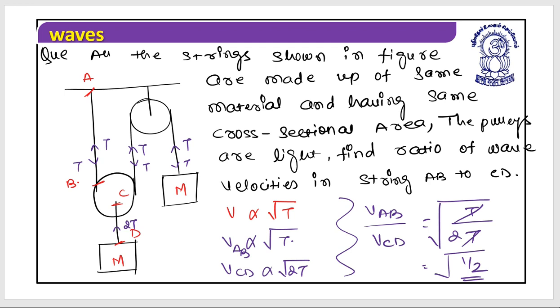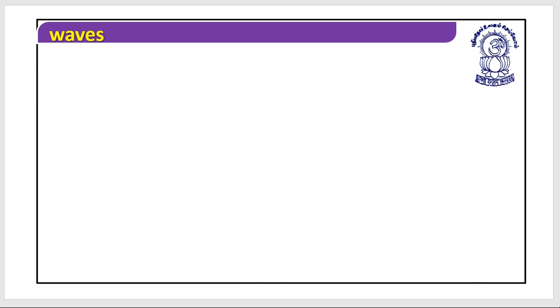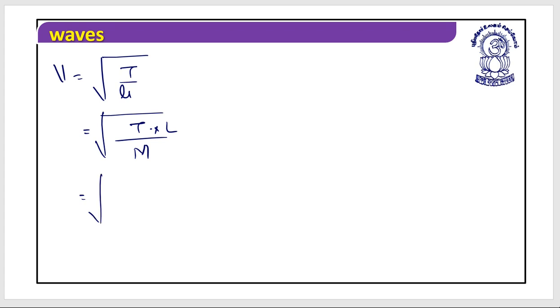Do you have any doubts? Is there anything? Are you sure? Great. Now let's discuss a different variation with this velocity. We are having this V is equals to root of T by mu. Mu is the mass per unit length, it's a M by L. So this could be varied as T into L divided by mass.